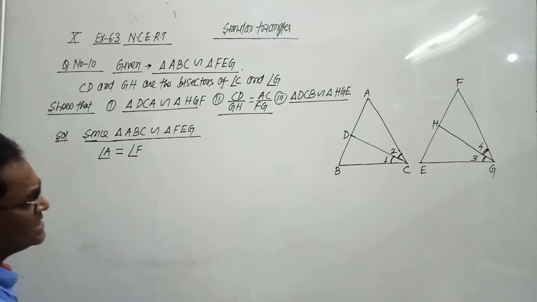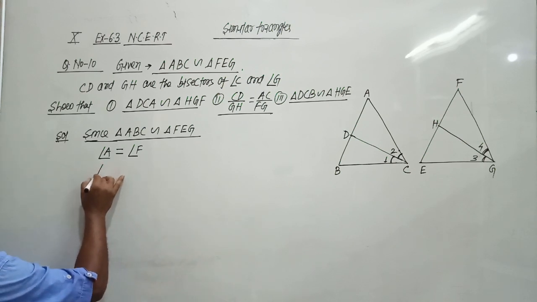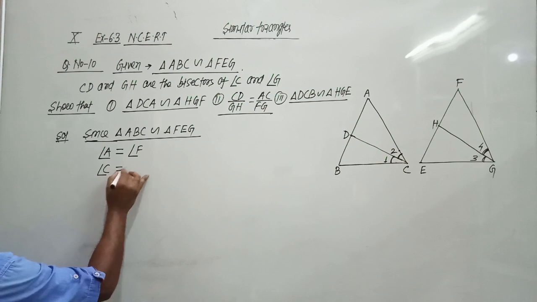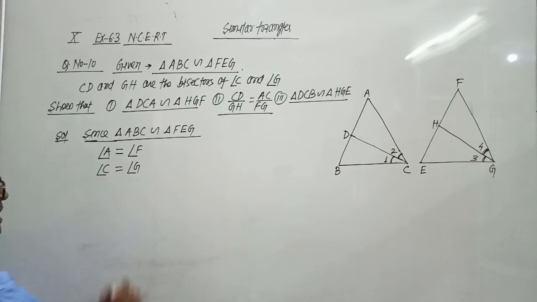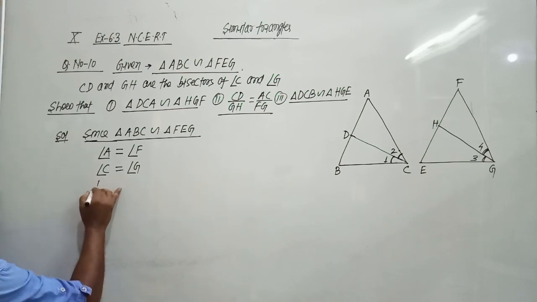and angle C equals angle G. Multiply both sides by 1 by 2, half.